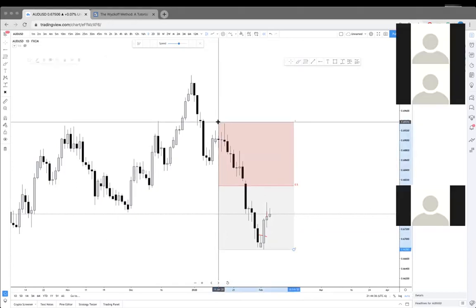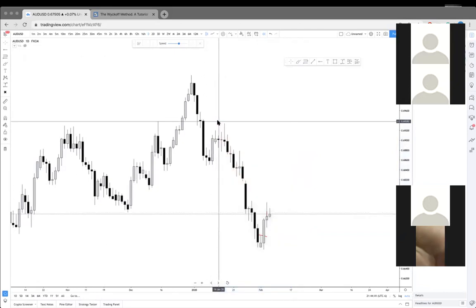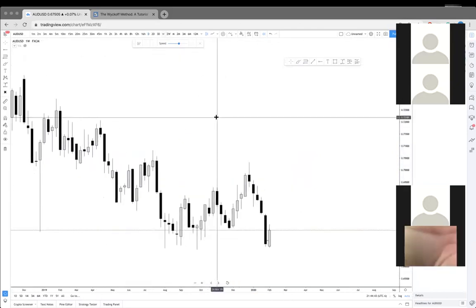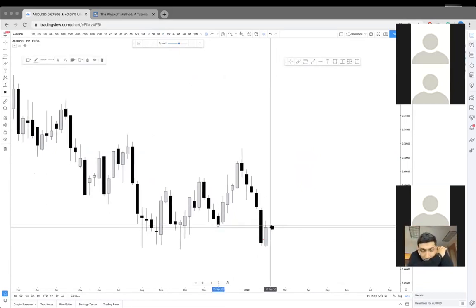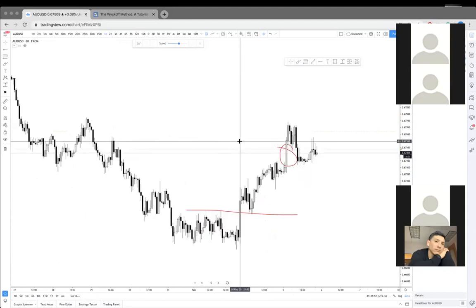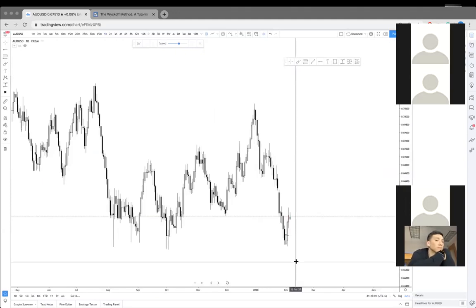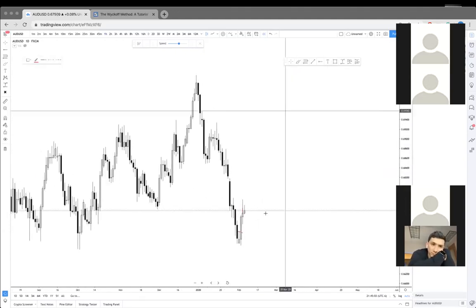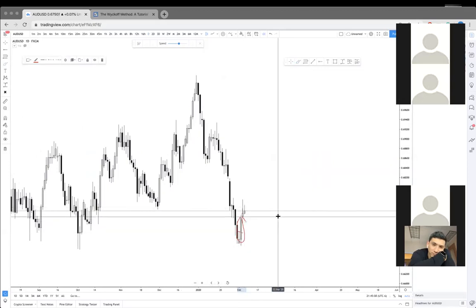Technically it did reject off a weekly inefficiency fill here. That would have made your trade valid. But now the hard part is getting the entry. Since I saw this break of structure and then this full-on big bullish candle, I don't want to sell it.